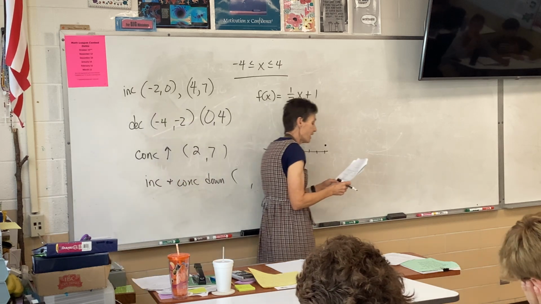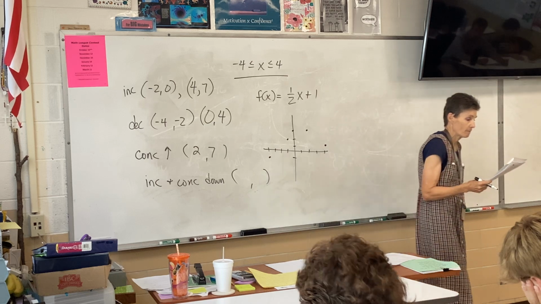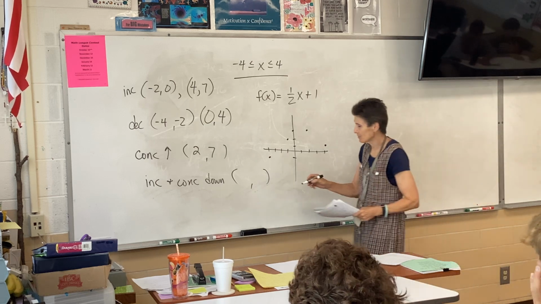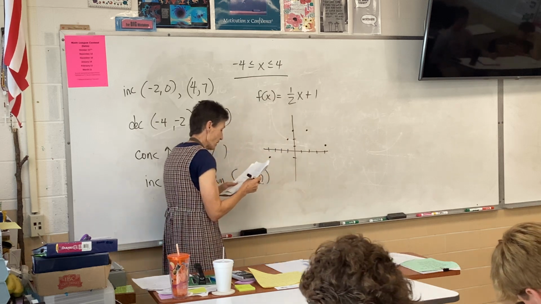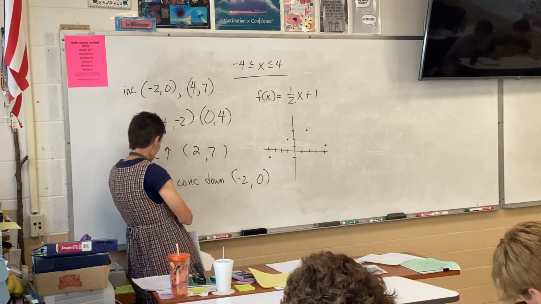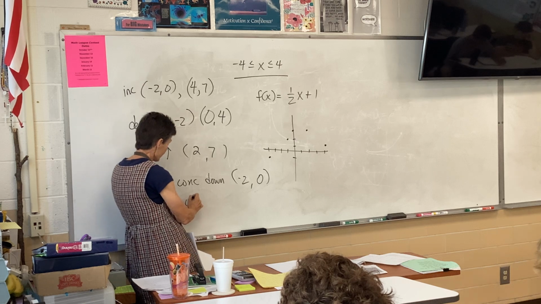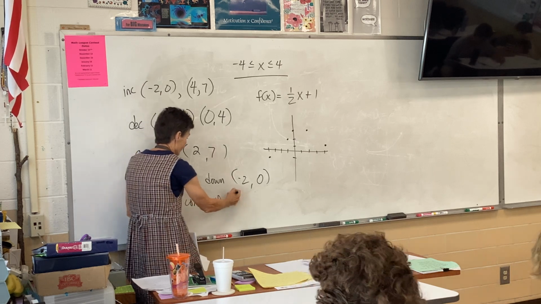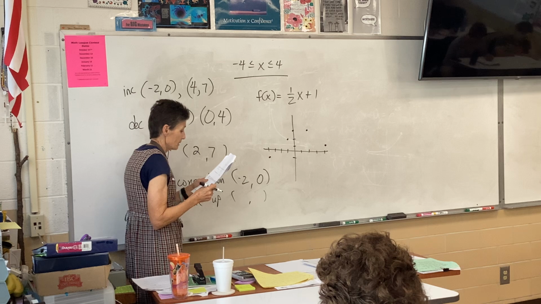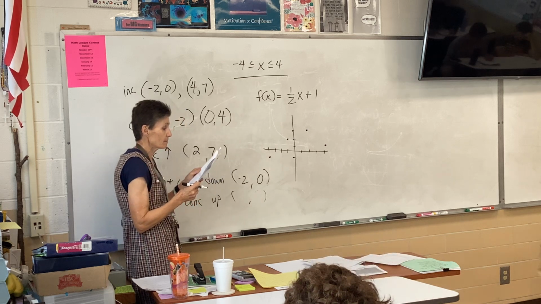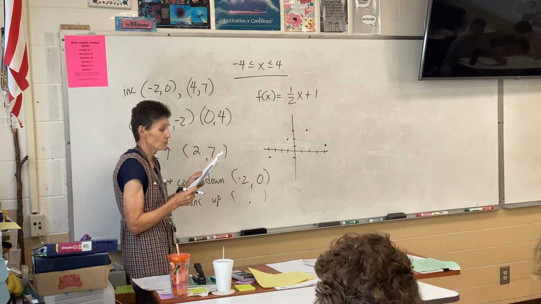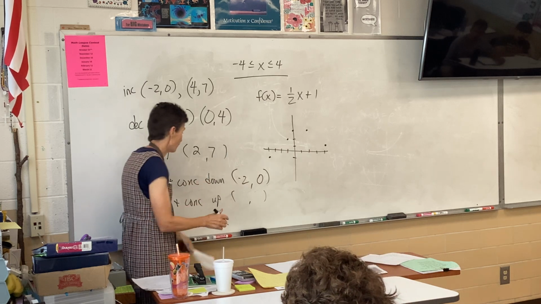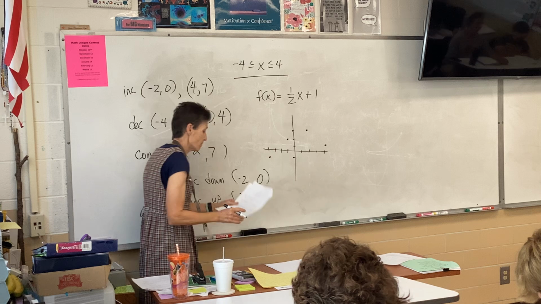Increasing and concave down. Good job, -2 to 0. And where are we decreasing and concave up? Let's see, decreasing and concave up. What'd you say? 2 to 4. You guys are amazing at this.